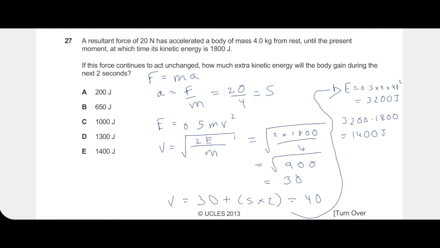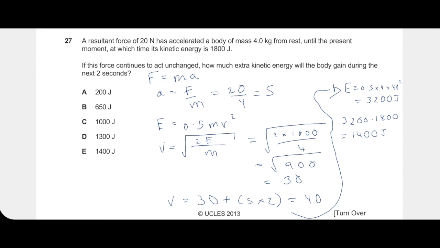So, firstly, you should be thinking about Newton's second law, which is F equals ma, and you know what the force is, you know what the mass is, but you don't know what the acceleration is. So you need to work out the acceleration, which is equal to 5 meters per second squared. Now, we know that the current kinetic energy is 1800 joules, from which we can find the current velocity from the equation E is equal to half mv squared.